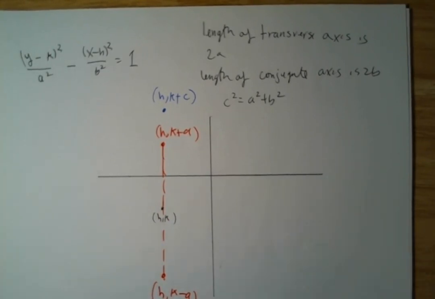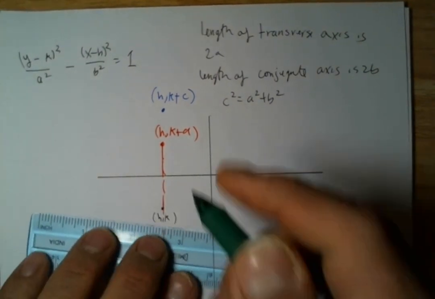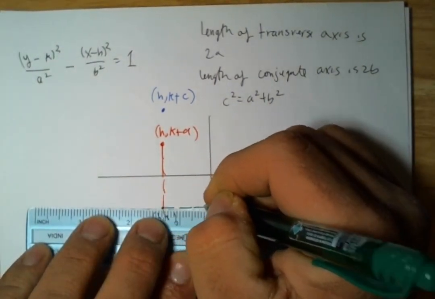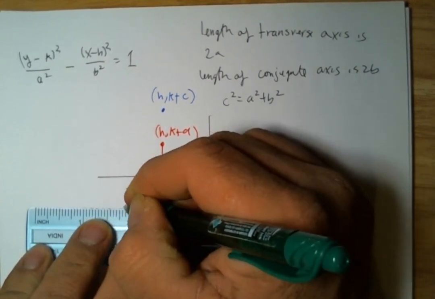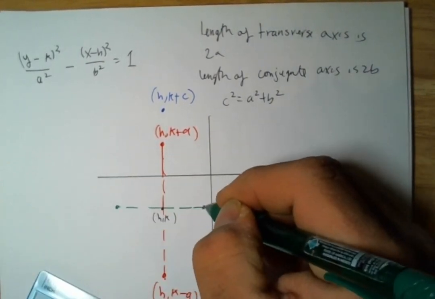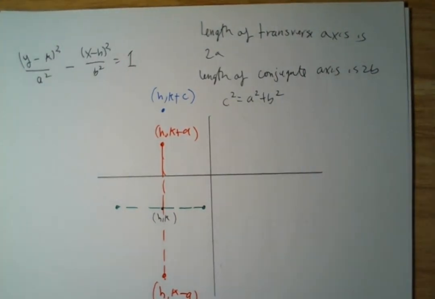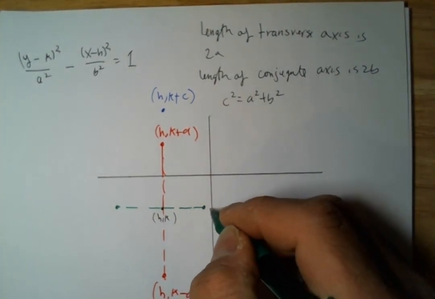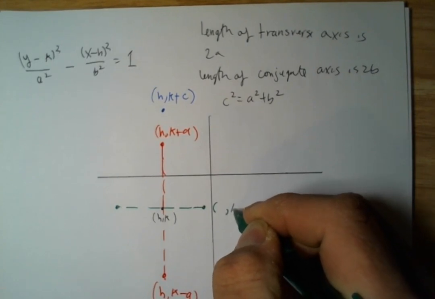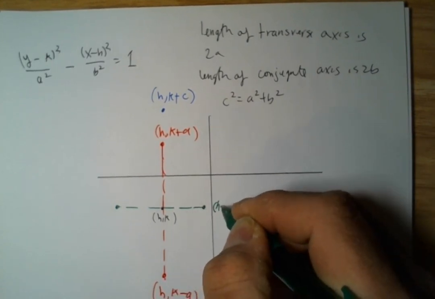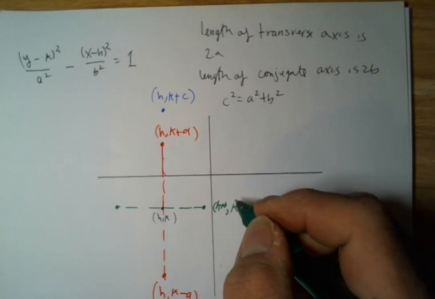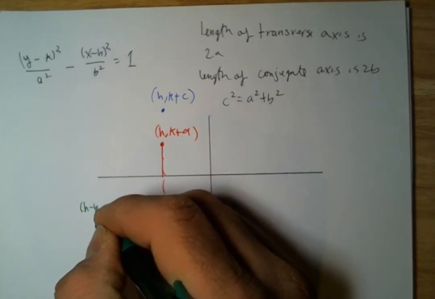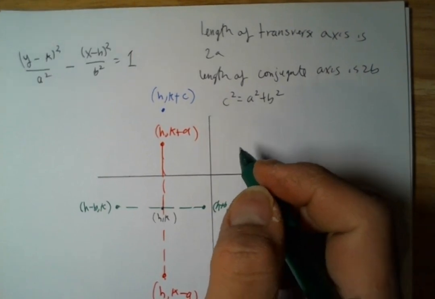All right, and then our conjugate axis. Let's say it was here. Now we're moving along the horizontal, so the value of k remains the same. To get here, it'd be h plus b. And then to get to this one, h minus b, k remains the same.